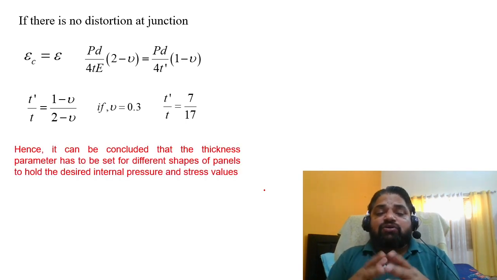Hence it can be concluded that the thickness parameter has to be set for different shapes of panels to hold the desired internal pressure and stress values according to your necessity. So what do we understand now? We understand that thin cylinders, as the name suggests, are based on some parameters.